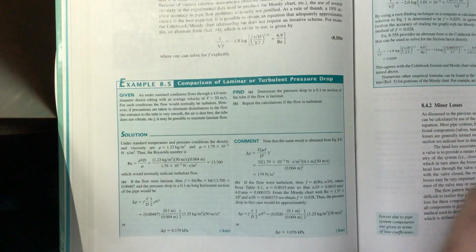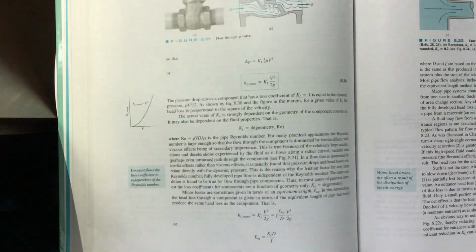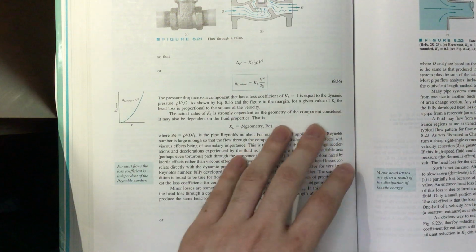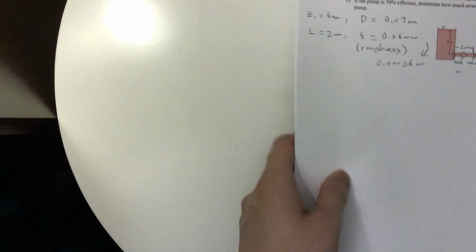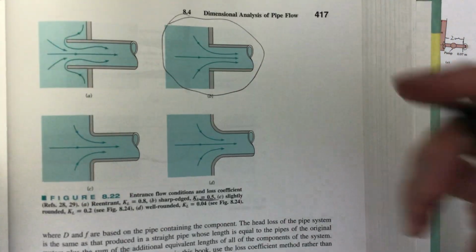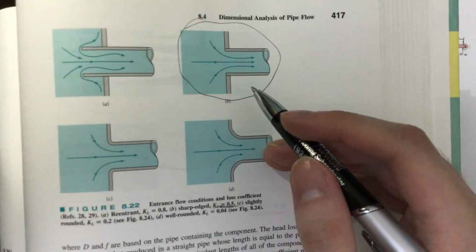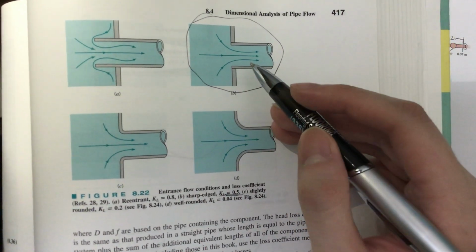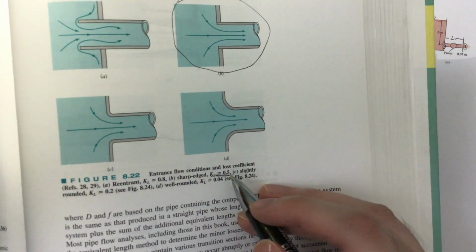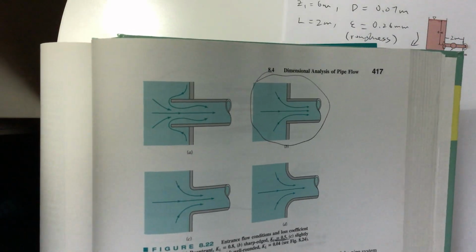Now, minor losses. In my textbook it is page 417, but if you have a different edition textbook, it might be a different page. This circled is what we have. We have the exact same edges, and it's going to be 0.5.